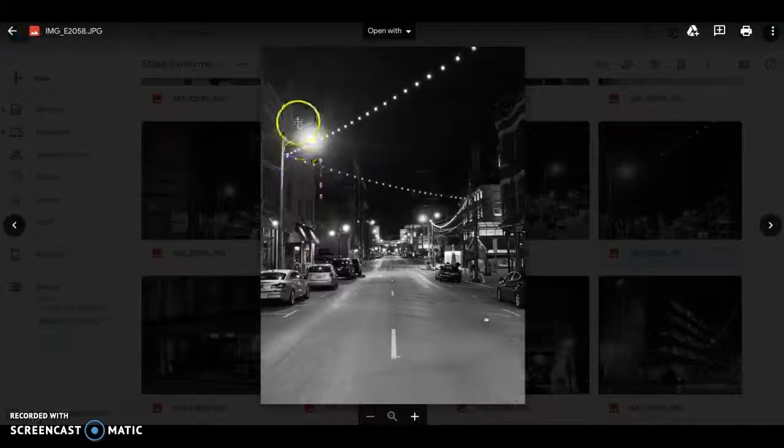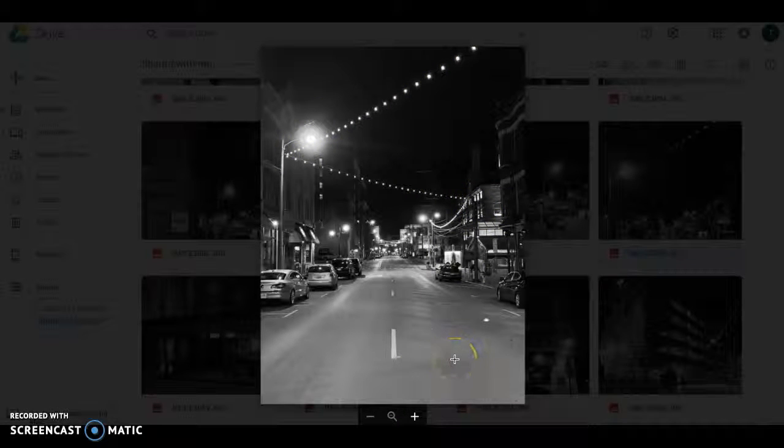You've got the light coming from that street lamp, and then your eye travels up to the lights that go across the street, and then you also can look through all the way to the end of the image. You get your eye following down the street, and you see the cars on either side, and I think it's just an awesome image that allows you to just travel so many places and look at all the elements.